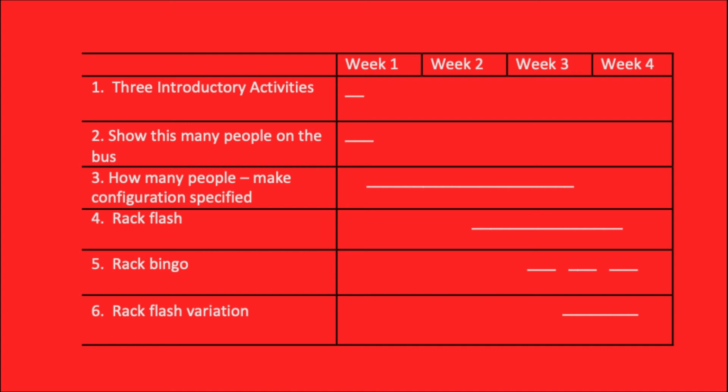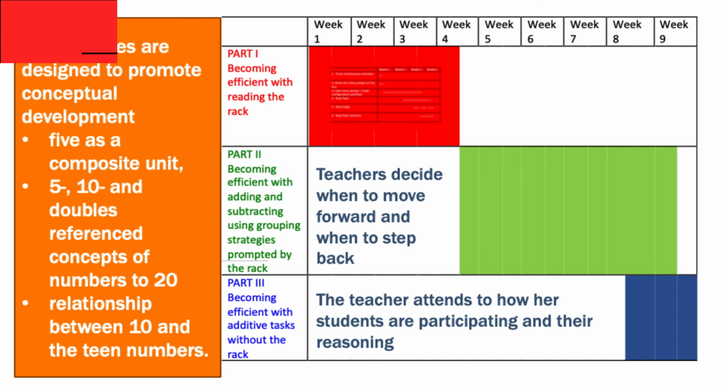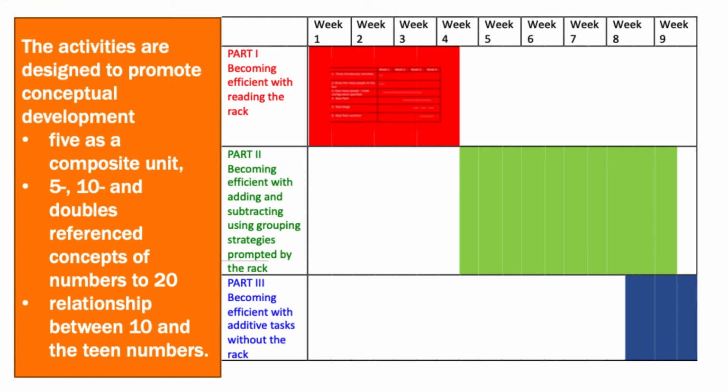Finally, we reiterate what we have said repeatedly when giving the detailed discussion of the activities. The activities in this sequence are designed to promote conceptual development, such as 5 as a composite unit, 5 referenced, 10 referenced, and double referenced concepts of numbers to 20, the relationship between 10 and the teen numbers.